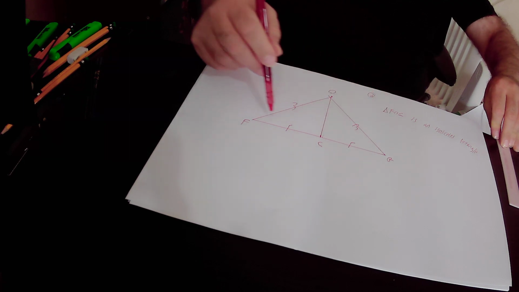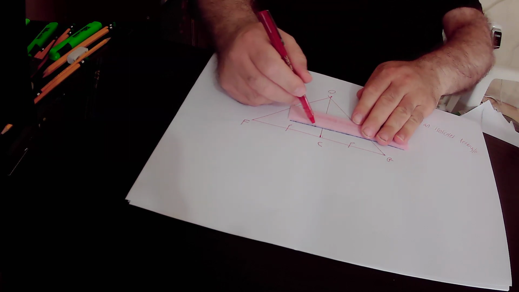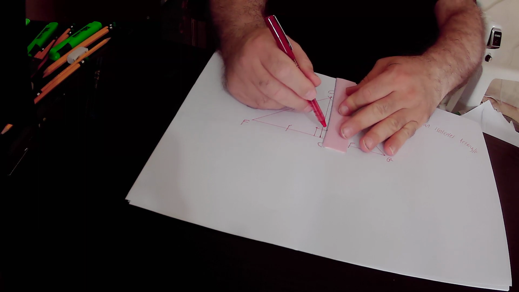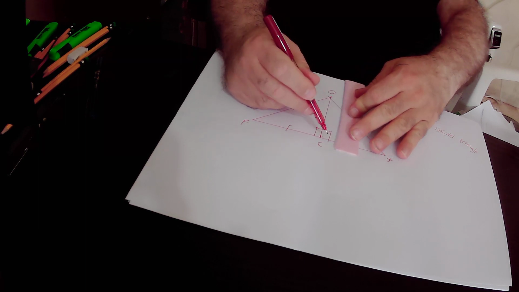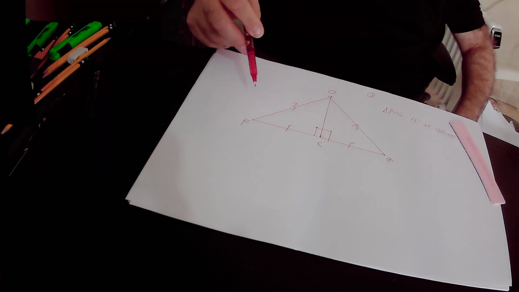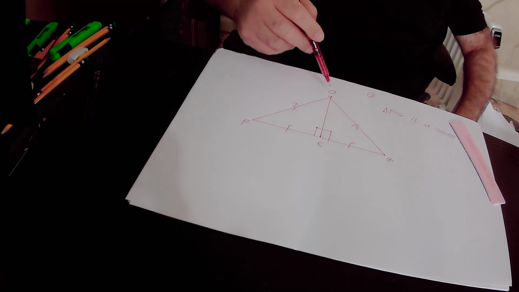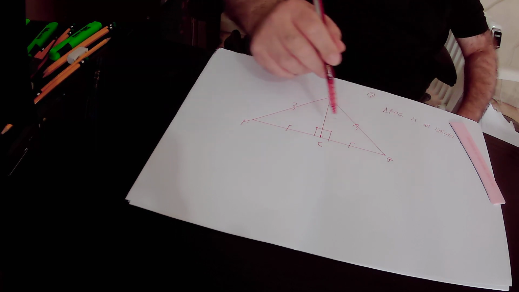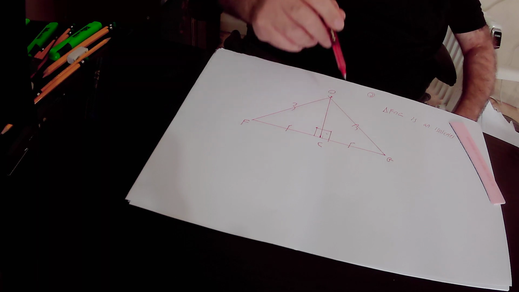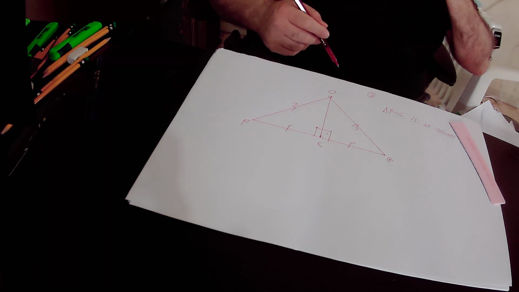OC is perpendicular to FG, that is to say, this angle equals 90 degrees and this angle will also equal 90 degrees. Okay? The median to the base OC is perpendicular to the base FG.